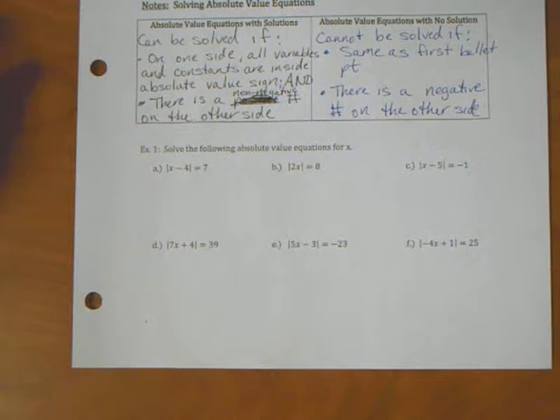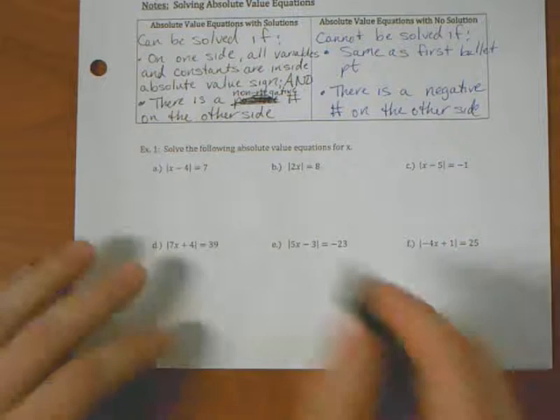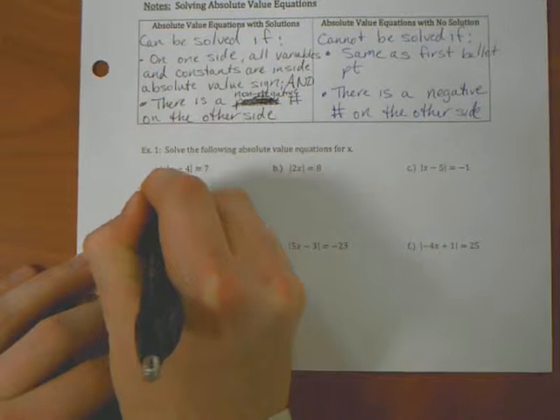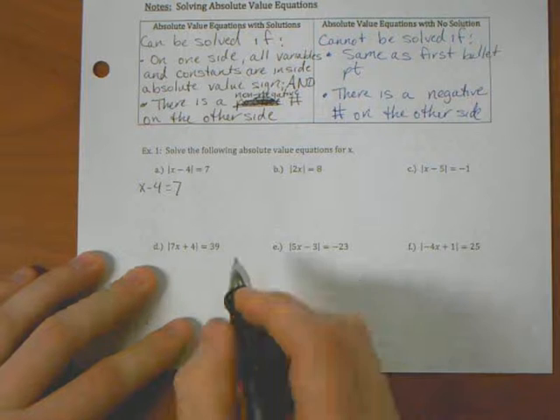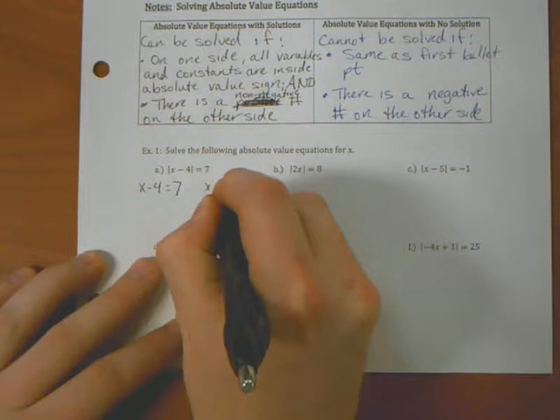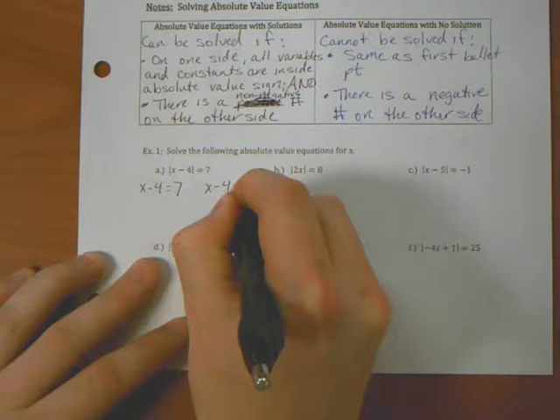So now, when we're solving absolute value equations, we actually have to break this up into two separate equations. I'm going to do it, and then we're going to talk about why this makes sense. So, the first equation you have to solve is x minus 4 equals 7. And you have to solve the equation x minus 4 equals negative 7.